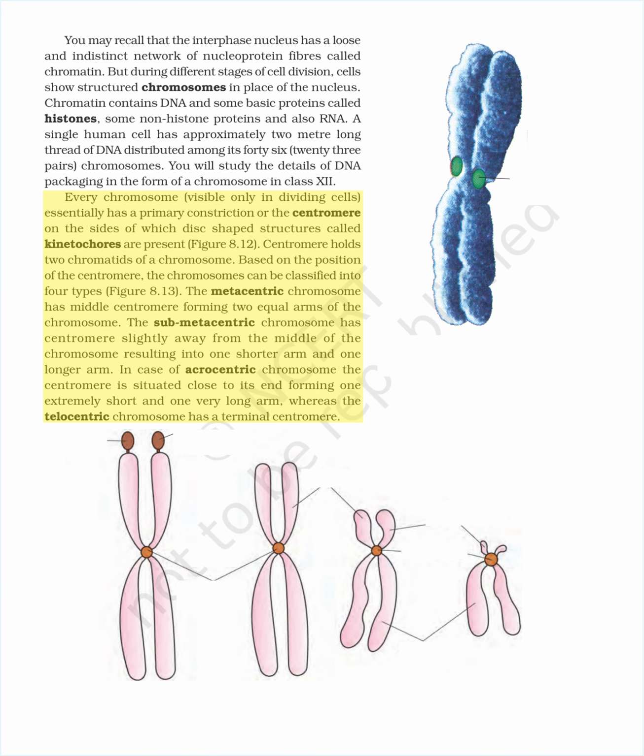The metacentric chromosome has a middle centromere forming 2 equal arms of the chromosome. The submetacentric chromosome has the centromere slightly away from the middle of the chromosome, resulting in 1 shorter arm and 1 longer arm. In the case of the acrocentric chromosome, the centromere is situated close to its end, forming 1 extremely short and 1 very long arm, whereas the telocentric chromosome has a terminal centromere.